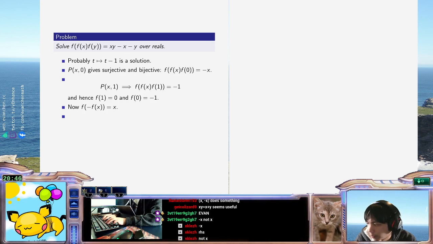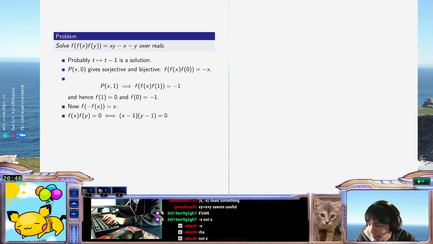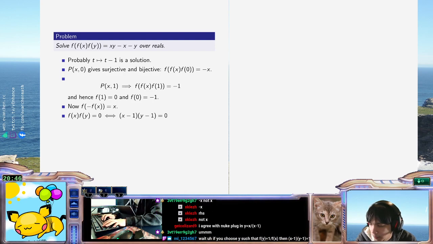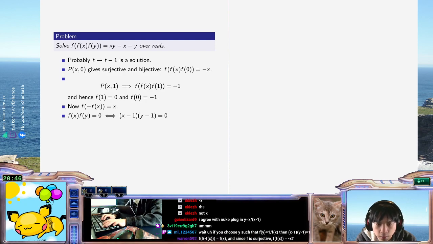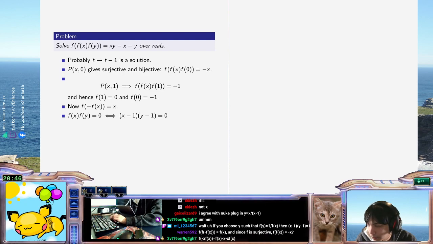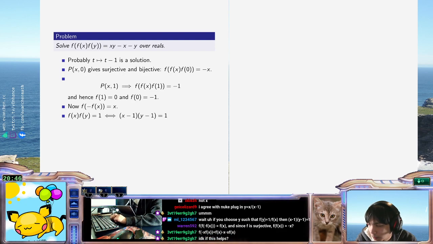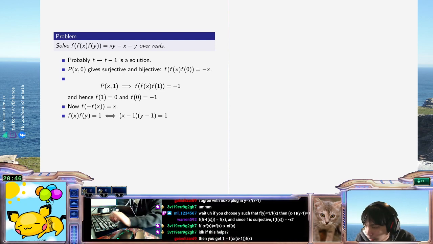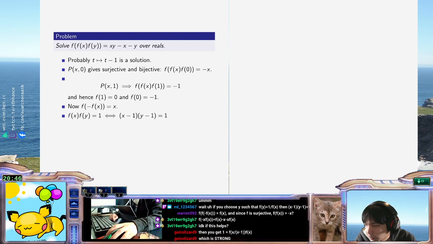That's something we already know. Something like this is true, because I know f(1) is 0, so this holds.